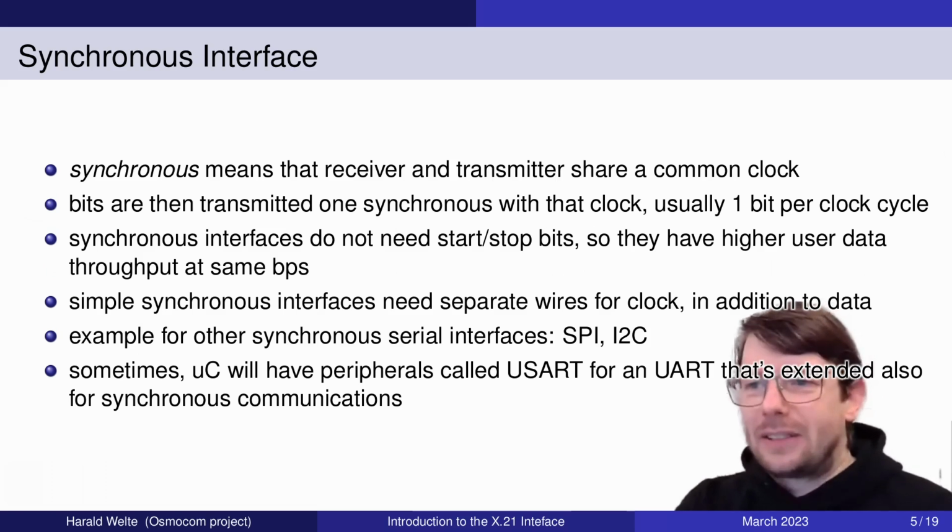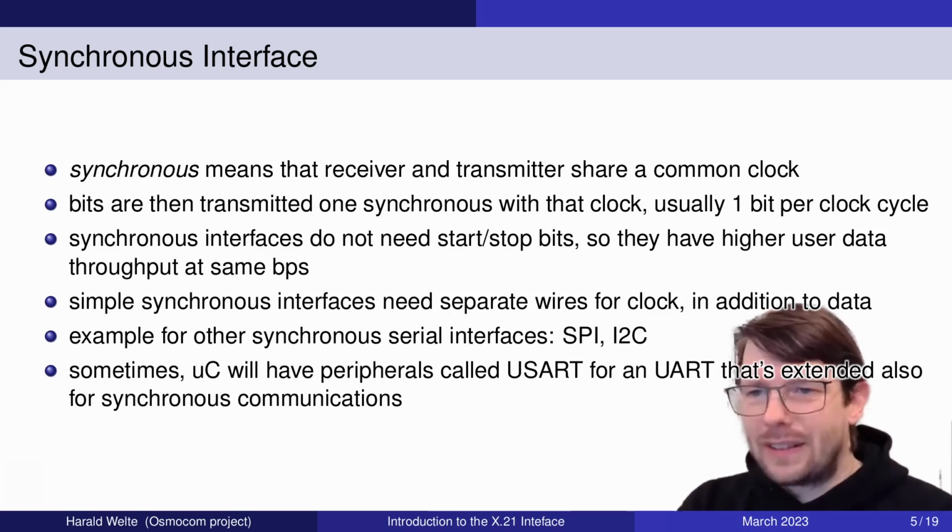A synchronous interface means that the receiver and transmitter share a common clock, and then the bits are transmitted, each one within that synchronous clock. In a simple use case like X.21, it's indeed 1 bit per clock cycle. The advantage of synchronous interfaces, and I think that's why they were used back in the day, is that you don't need start and stop bits, so you have a higher user data throughput.